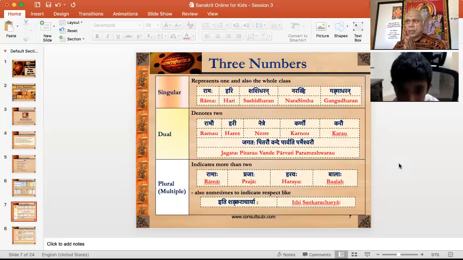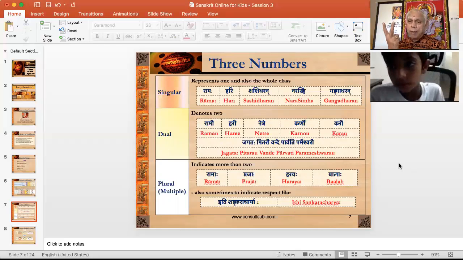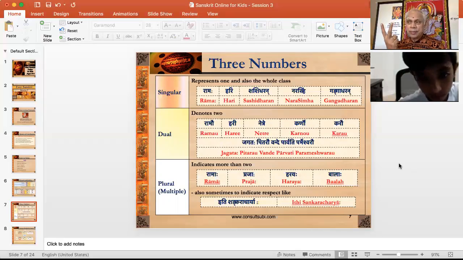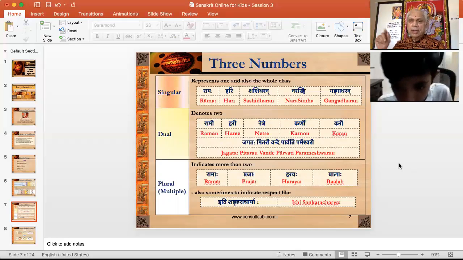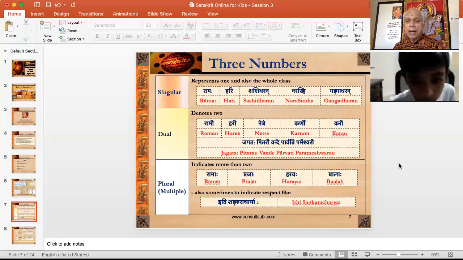If you take singular, Ramaha is singular. Rama, 1 person. If you say Ramau, it means 2 Ramas. If you say Ramaha, it is plural, multiple, more than 2. But in English you say just Rama or Ramas.